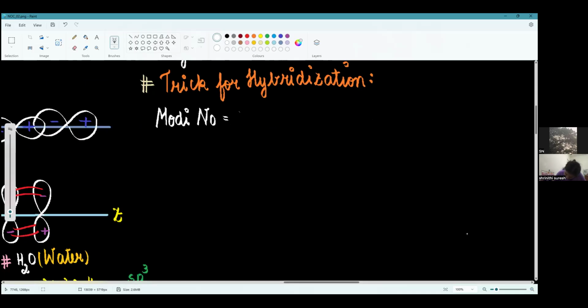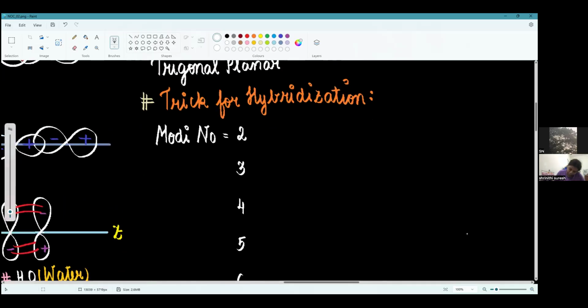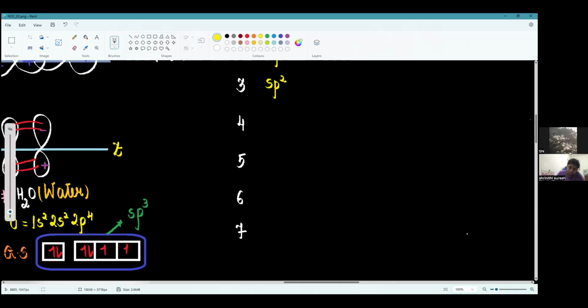They say that the Modi number can be 2, 3, 4, 5, 6, or at most 7. If the Modi number is 2, the hybridization is sp. If it is 3, then it is sp2. If it is 4, then it is sp3.